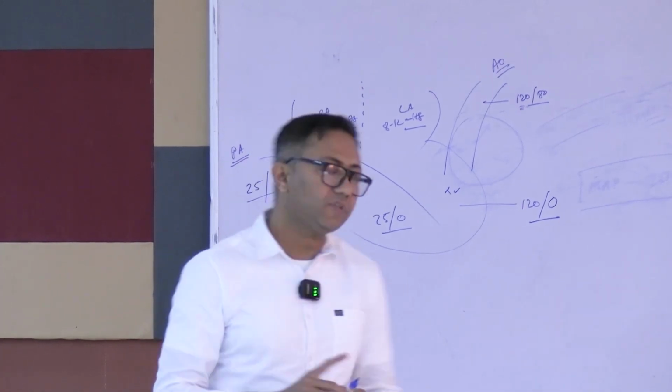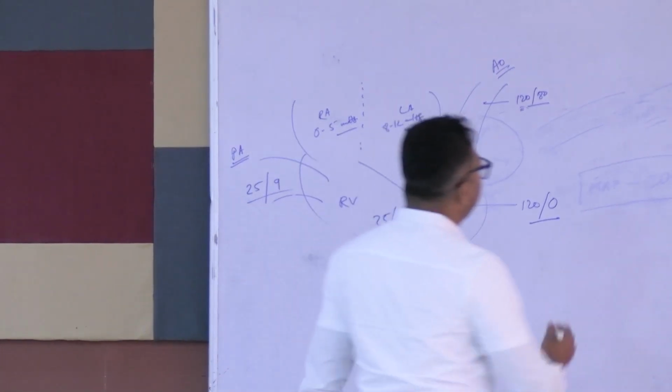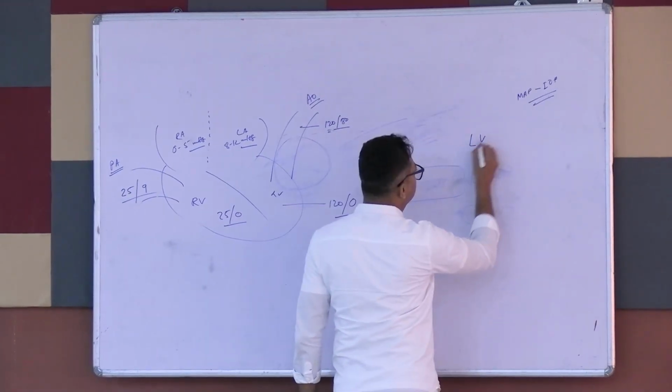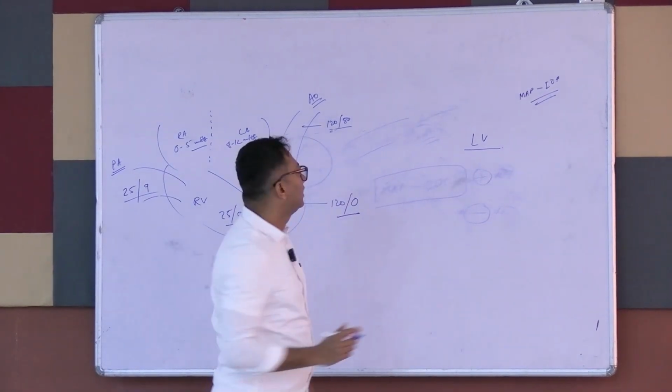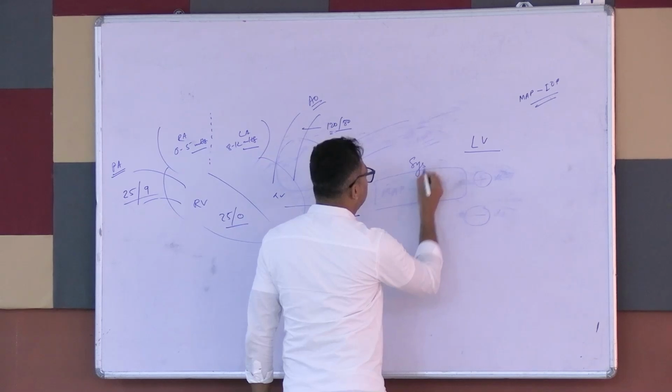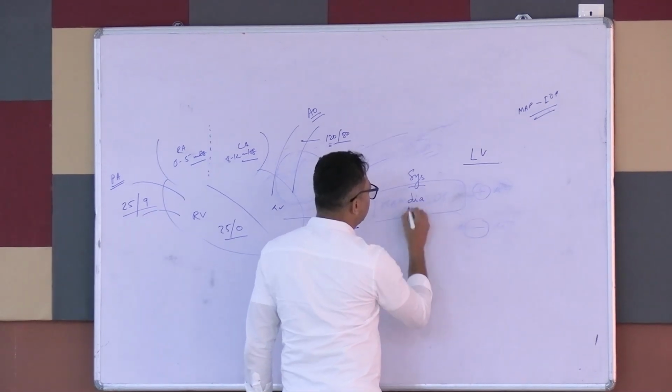Clear? Now, let's talk about the left ventricle. What is happening in the left ventricle, in systole and in diastole?